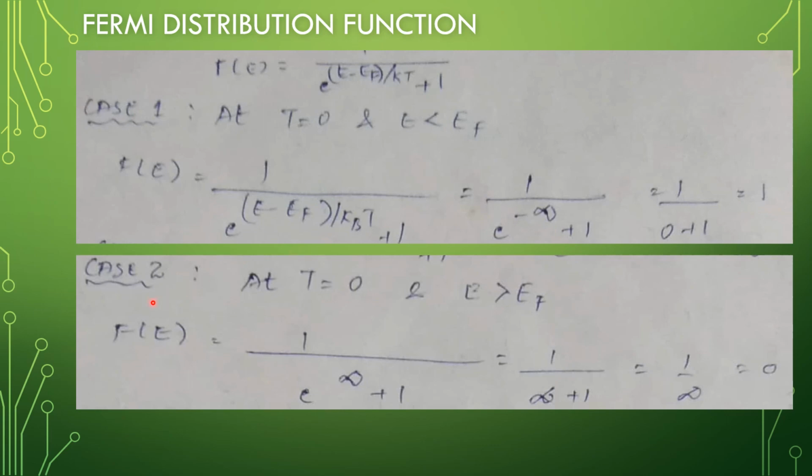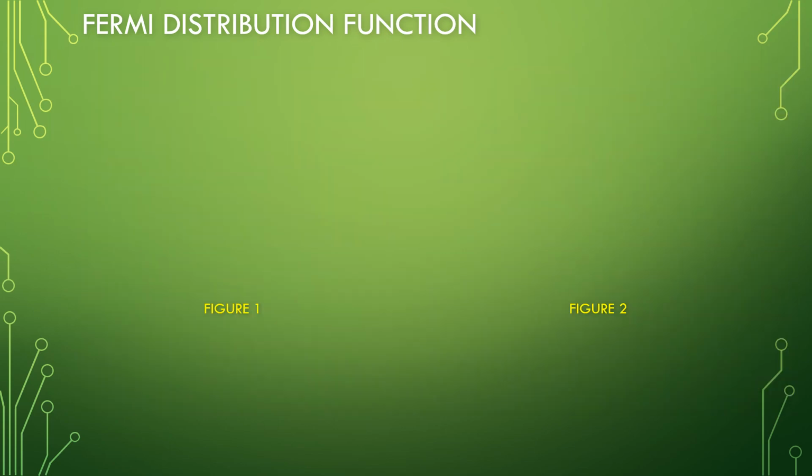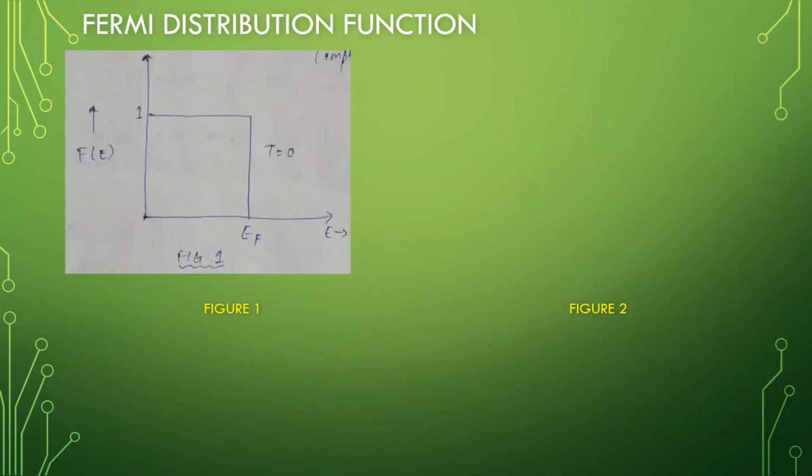In case 2, again at T = 0 and E greater than E_F, the power becomes plus infinity, and e raised to infinity is infinity. So this is 1 upon infinity, that is 0. Using these values, we can plot a graph of this kind.